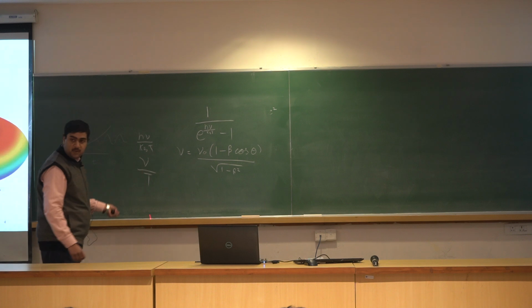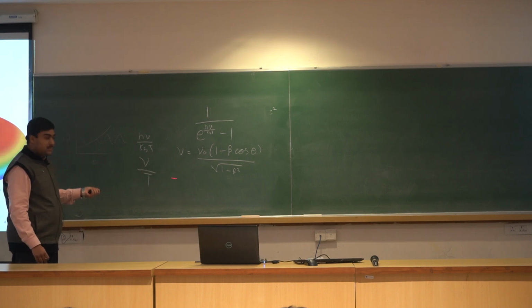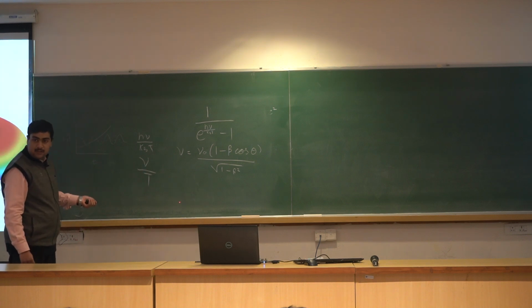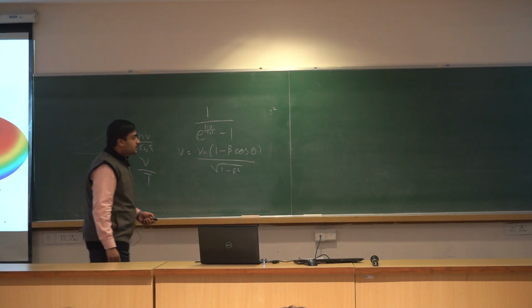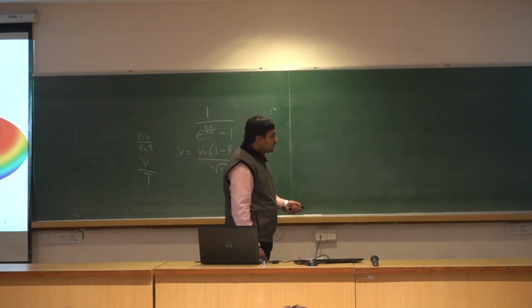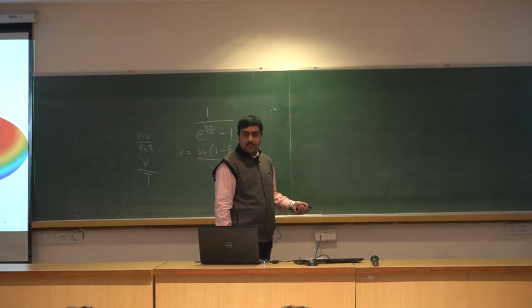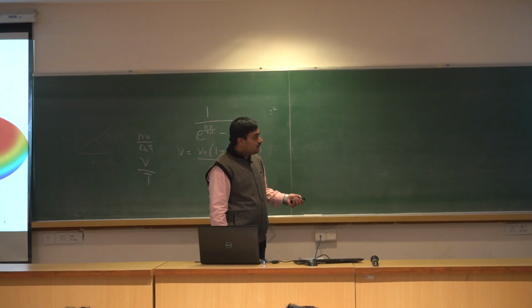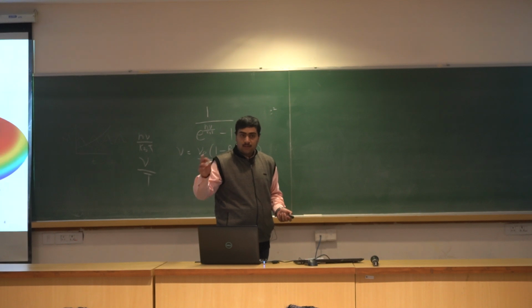And if you take a ratio of nu by T, then this quantity will turn out to be Lorentz invariant. So using this kind of structure, where beta is your v by c, we found that the velocity was roughly 370 kilometers per second in the direction n hat, which is given by these coordinates, and n is your direction of observation. So n hat dot n is your angle theta.